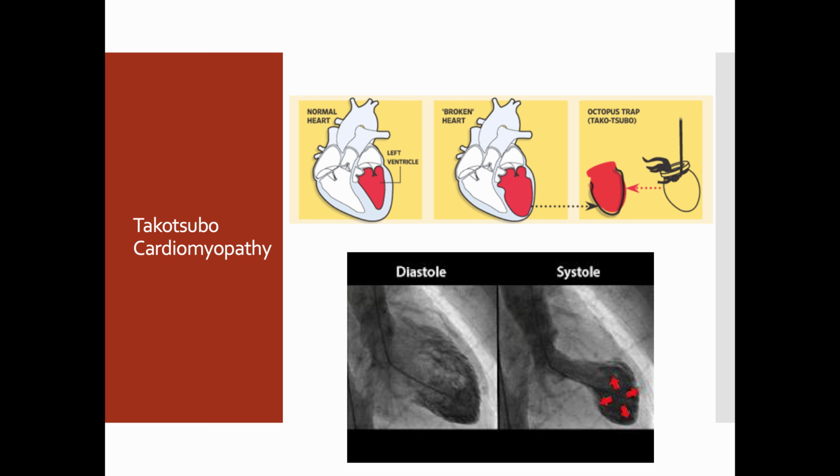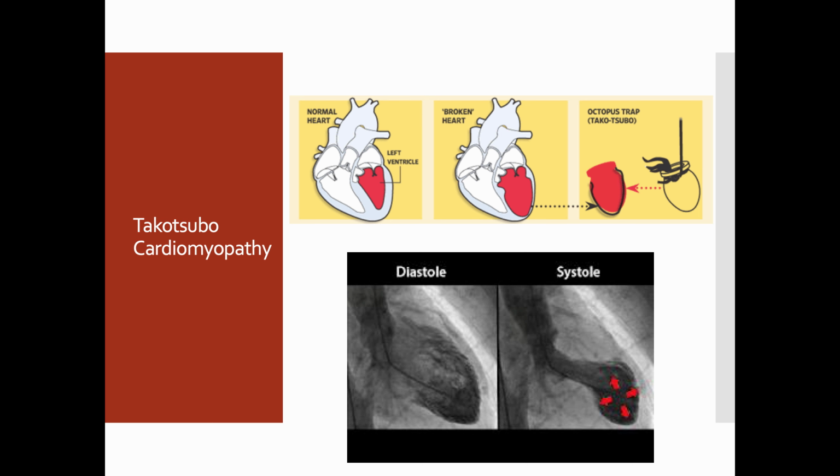Finally is Takotsubo Cardiomyopathy. There actually is another kind of cardiomyopathy that's not listed here called arrhythmogenic right ventricular cardiomyopathy. It's so rare that we're not going to bother talking about it. But Takotsubo Cardiomyopathy was just invented recently, like, I don't know, 10 years ago or so, 15 maybe.